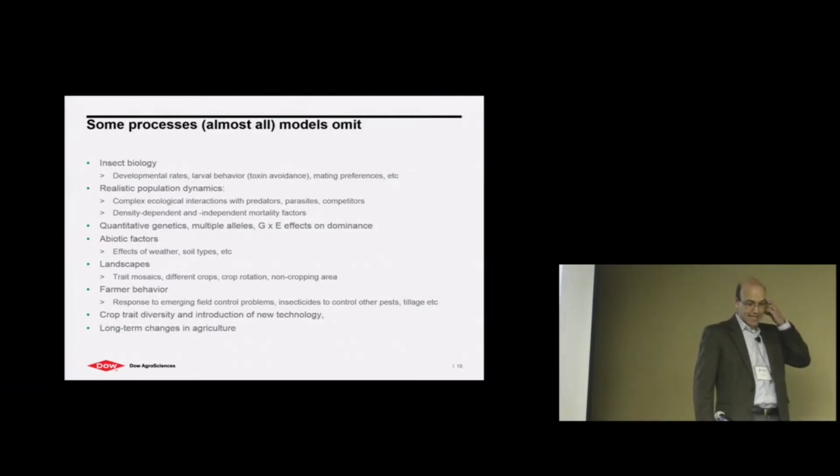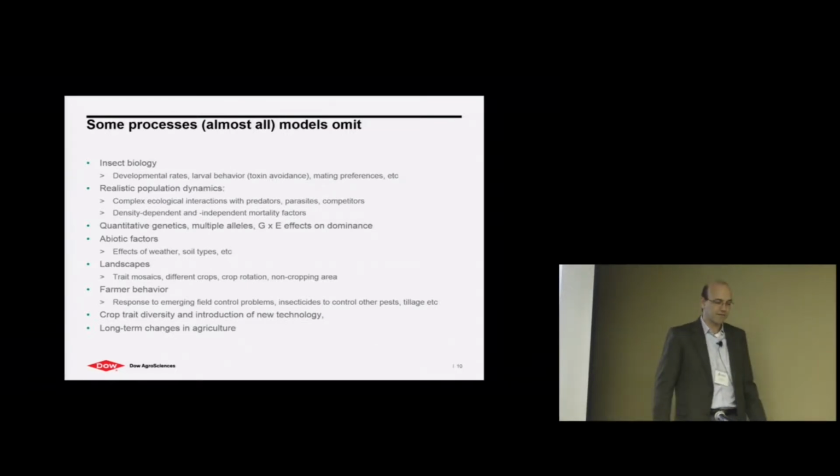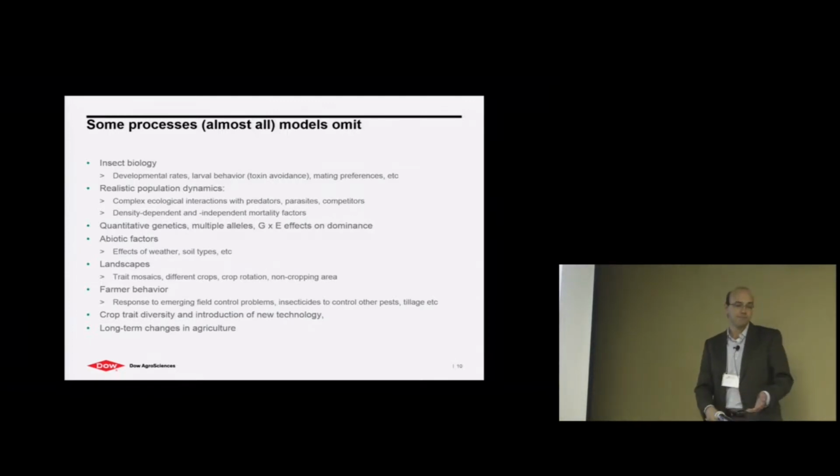We know that those affect how insects do. Same with landscapes. It's way more complex than we're modeling. Farmer behavior. Again, we're assuming some uniformity in terms of what farmers are doing, not just compliance with the refuges, but how they're managing their pests, and what other things they're doing on their farm to manage their crops. Crop rotation, insecticide use.